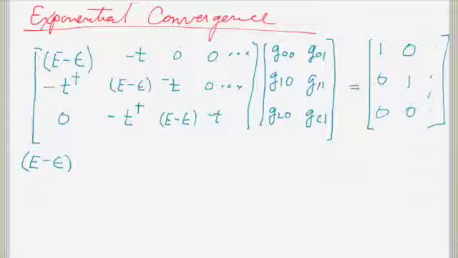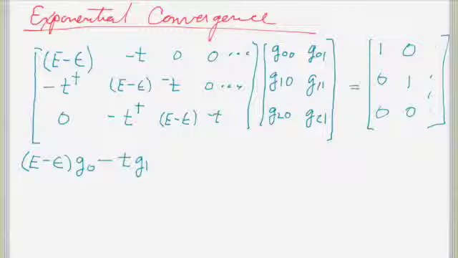I'll just keep the row index. So E minus epsilon G0 minus T G1 is equal to 1. So that's the equation I get multiplying the first row of the matrix by the first column of the Green's function. So taking this first column, multiplying by the first row, that's the equation I get.